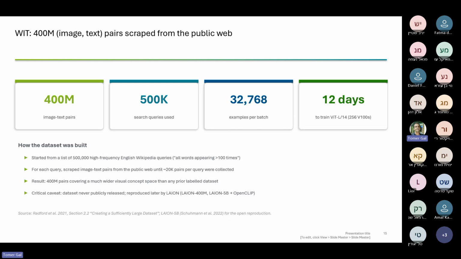I remember back then one specific company which I always reviewed, and they closed. Okay. Critical caveat here, they never published their dataset. Then this work was reproduced by LAION, and they created OpenCLIP. So right now you could download and experiment with OpenCLIP. Okay.